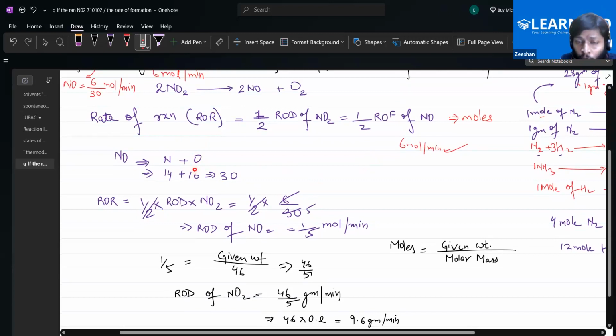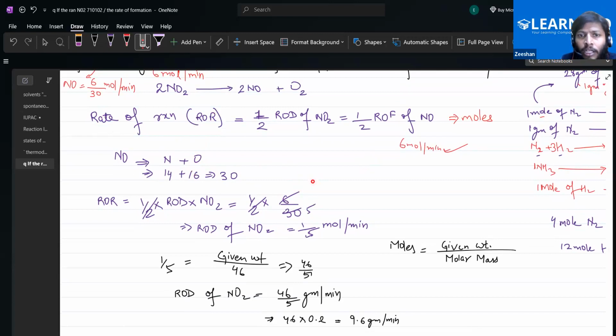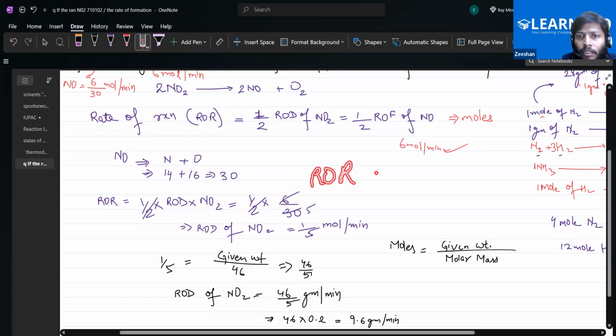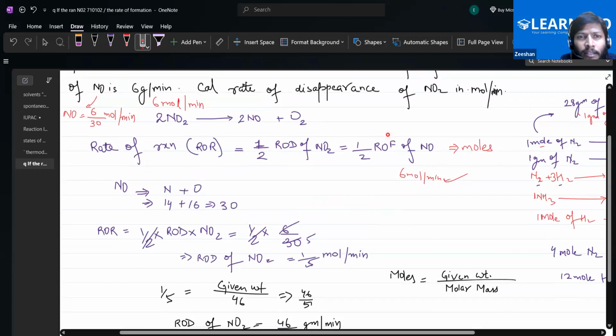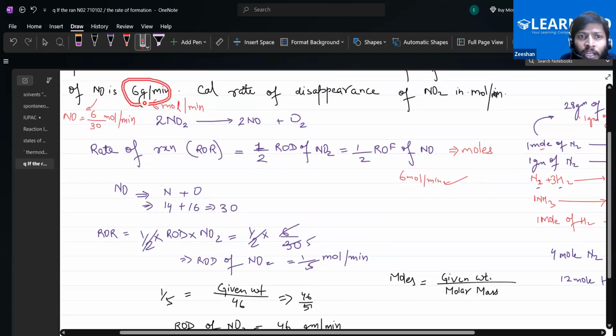If you want to find the rate of reaction, the rate of reaction will be what? This 1 by 2 times this one. Rate of formation is given, so we will be interested in this formula. Let me write for you. Half into rate of formation.